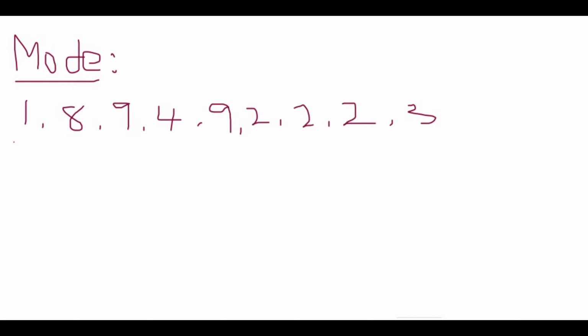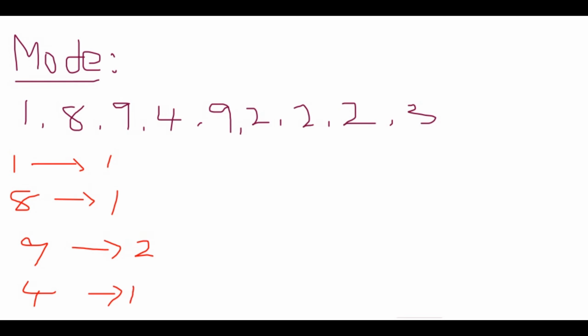Now, if you evaluate all the numbers one by one, you will discover that 1 appears only once, 8 appears only once, 9 appears twice, 4 appears only once, 3 appears only once, and 2 appears 3 times.